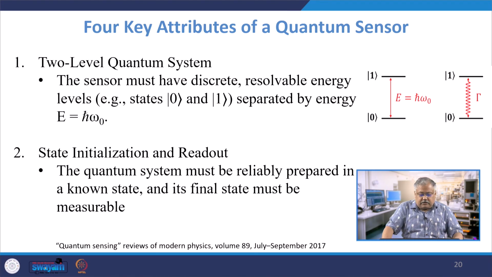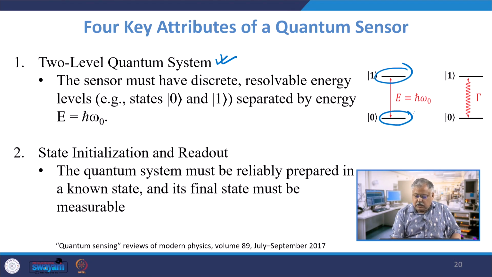Now, let's look at the 4 key attributes of a quantum sensor. If you want to sense anything, what are the 4 key attributes which you need? First is a 2-level quantum system, right. So, this is basically a 2-level quantum system which I am referring to here. Now, the sensor must have discrete and resolvable energy levels. So, if I say this to be state 0 and this to be state 1, then the energy required to push from state 0 to state 1 is given by h cut into omega naught, right.